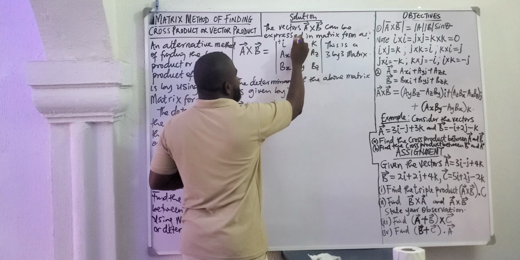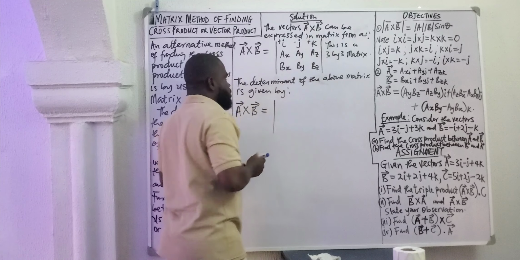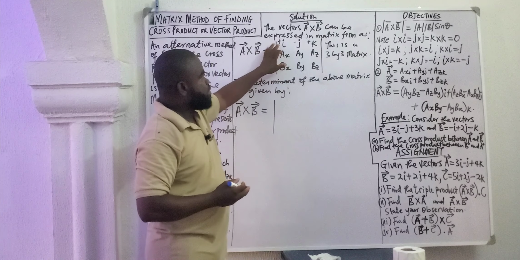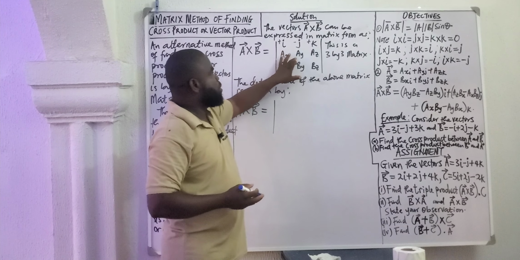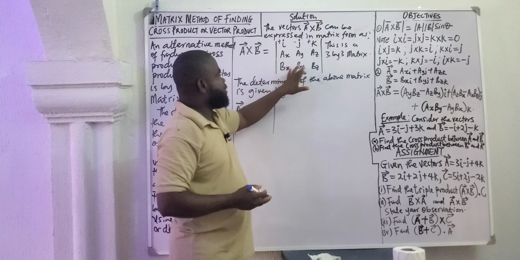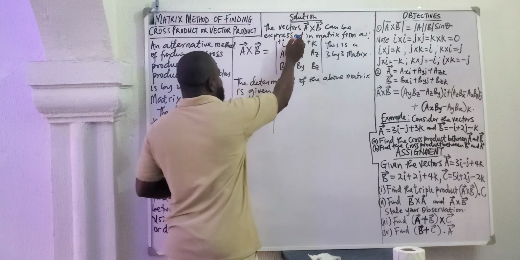First row, second column is minus. First row, third column is what? Plus. So that positional sign continues: plus, minus, plus, minus, plus, minus, plus, minus, plus. Good and fine. So I'm going to apply it as I work.